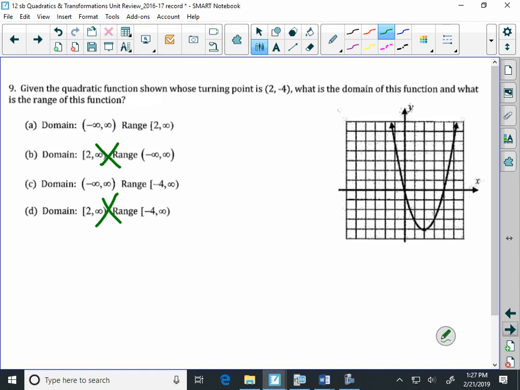So now we've narrowed it down here, and what we say for the range is, do we have a high point or do we have a low point? We have a low point. We want the y value of that point, which is 1, 2, 3, negative 4. Negative 4 is our lowest value, and we're going to continue going up and up towards infinity, which means that our multiple choice answer there is letter C.